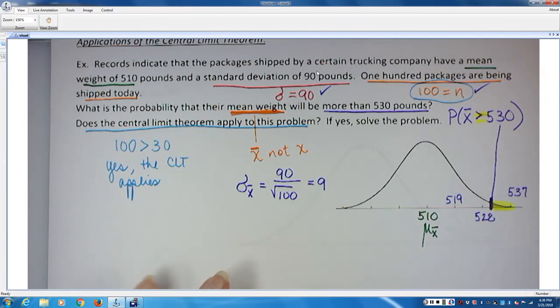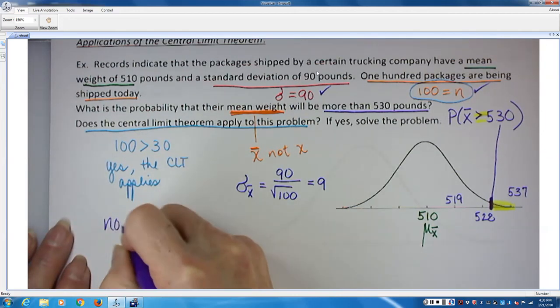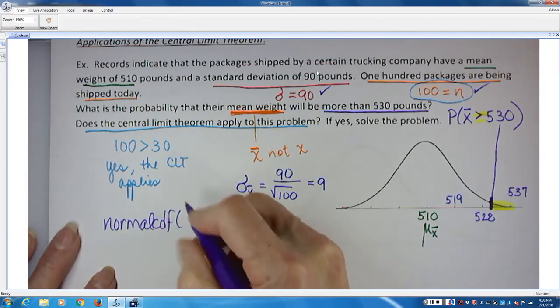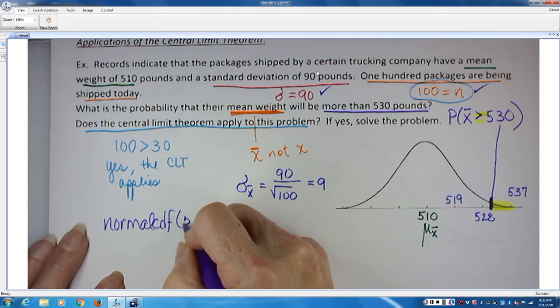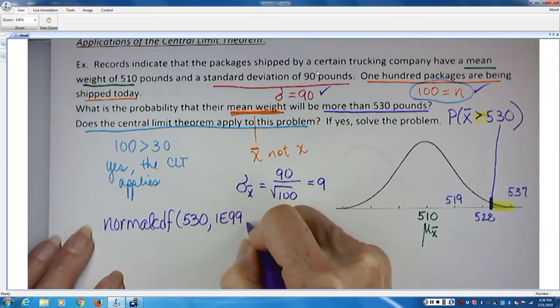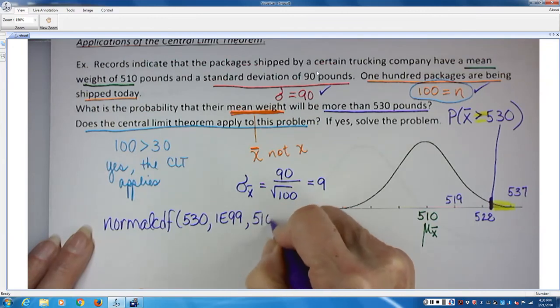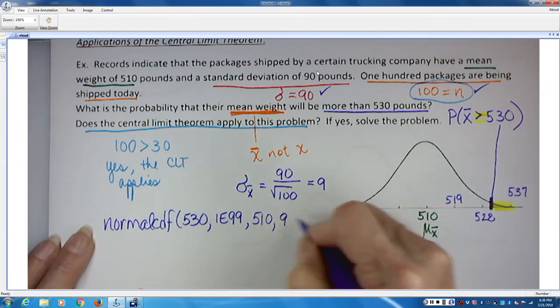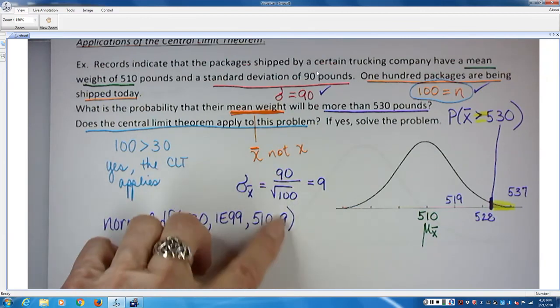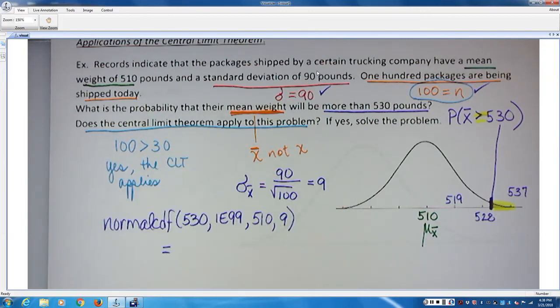So this probability is going to be very small. And if I didn't want to calculate out that that was 9, you could have put in 90 divided by the square root of 100. Calculator will figure it out for you.